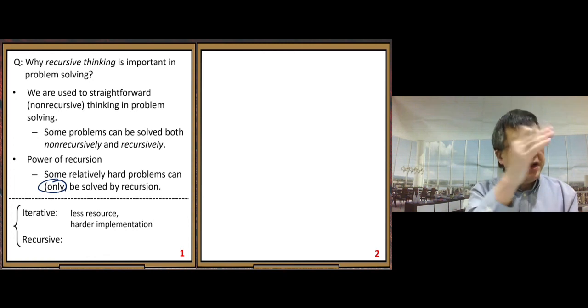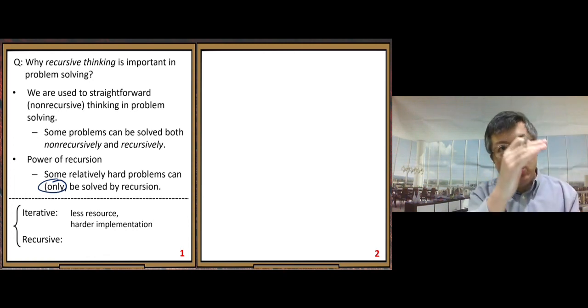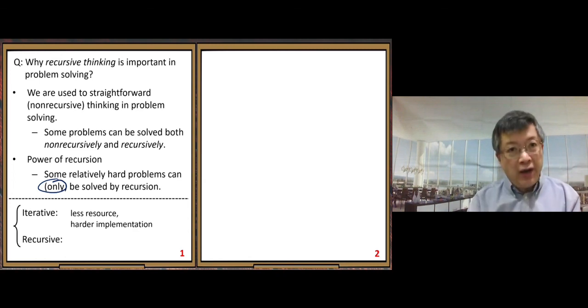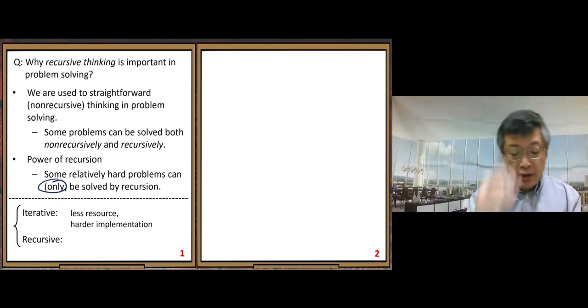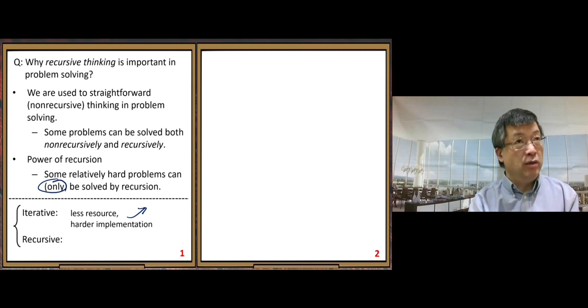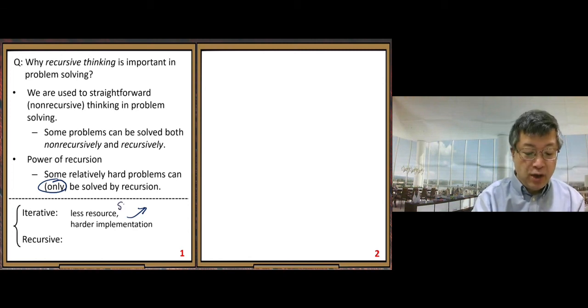The iterative way has the advantage of using less resource compared with the recursive way. But it has a harder implementation with respect to hard problems. More precisely, it is harder for some of the hard problems.